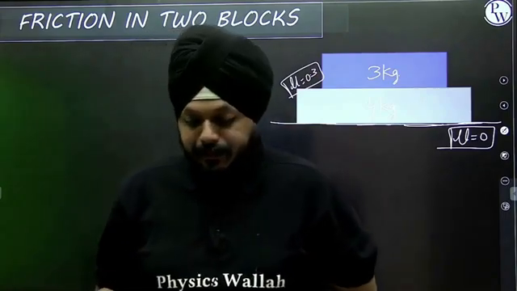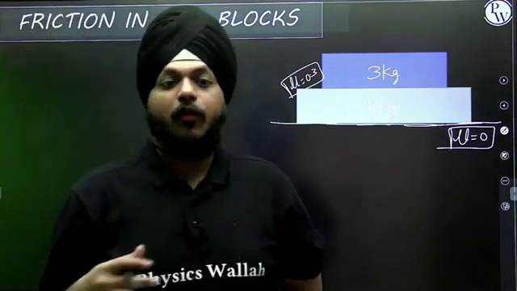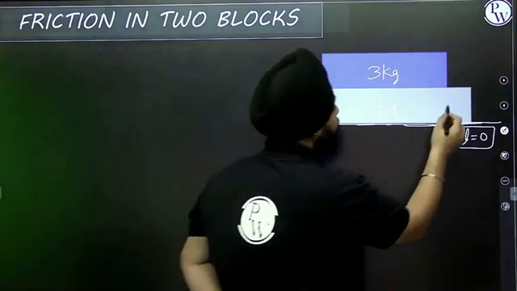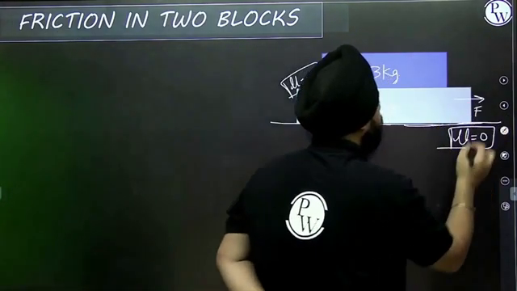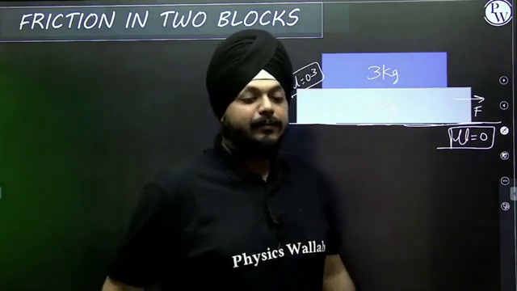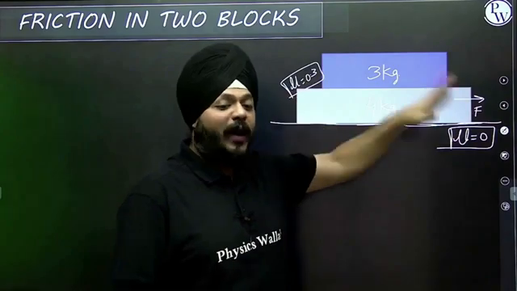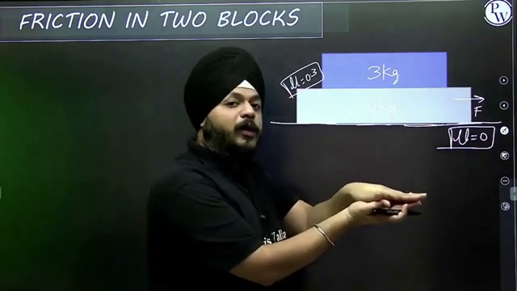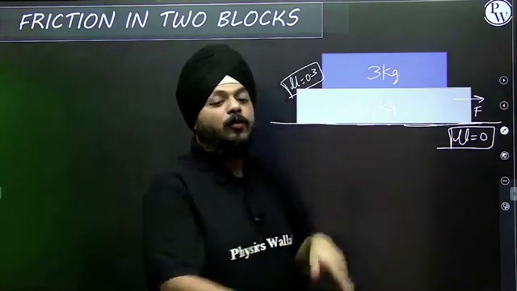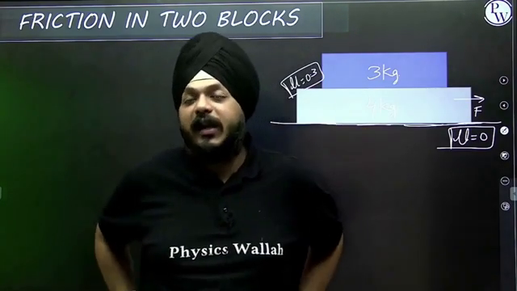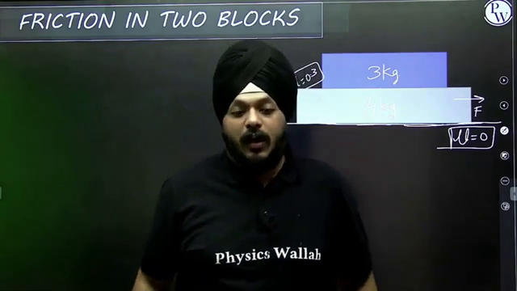What will happen if F is applied to the lower block? If F is applied to the lower block and the value is quite high, the lower block will move in the forward direction and the upper one will move in the backward direction.